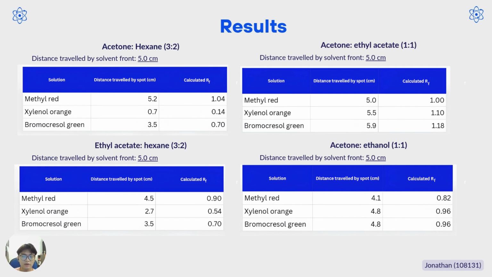So looking at our first four solvent systems on this slide, which is acetone to hexane at a ratio of 3 to 2, we can observe the migration distance with methyl red recording a migration value of 5.2 centimeters.